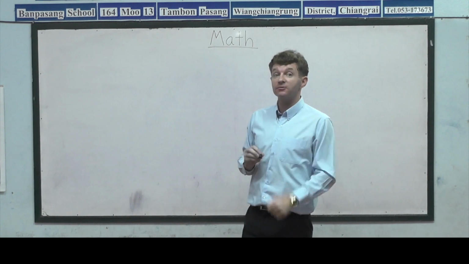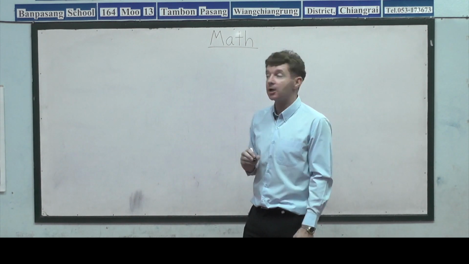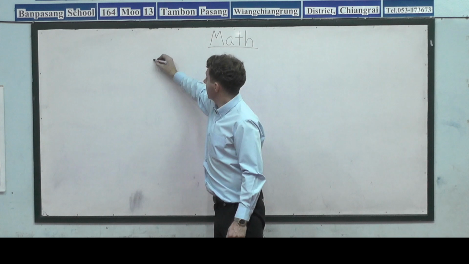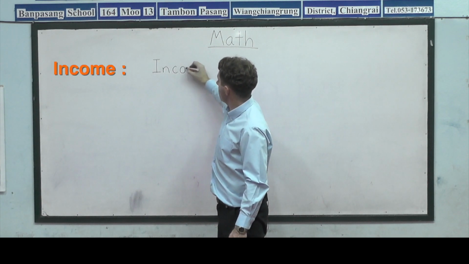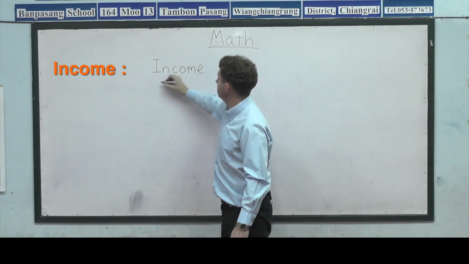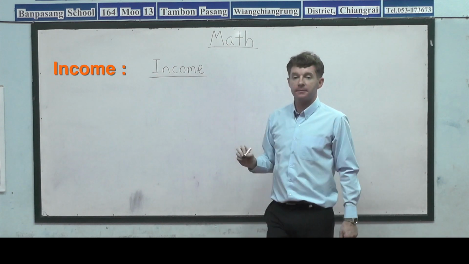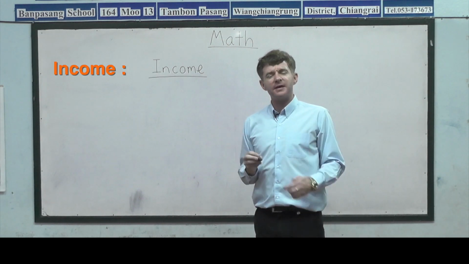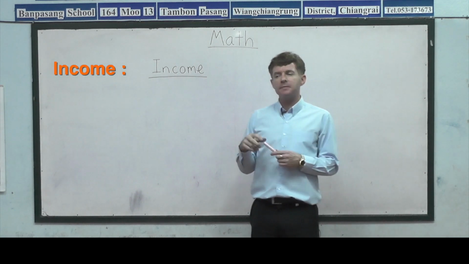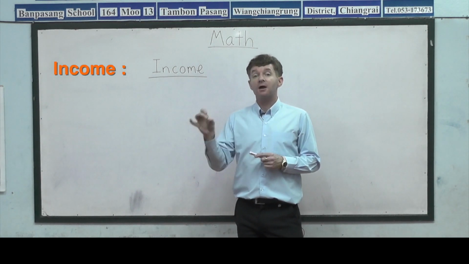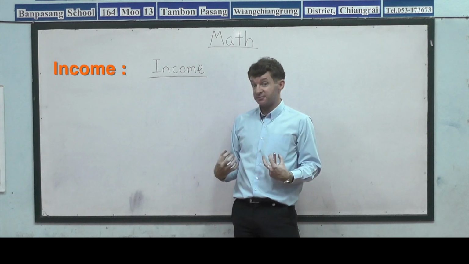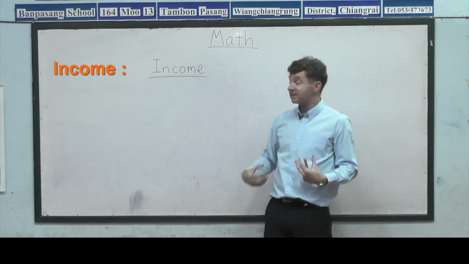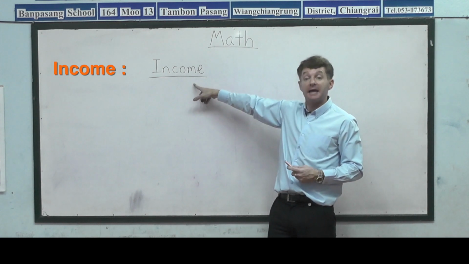The first of these words is called income. I-N-C-O-M-E. Income. Now, does anybody have any idea what income means? Income means money that we receive. Money that we get is known as income.